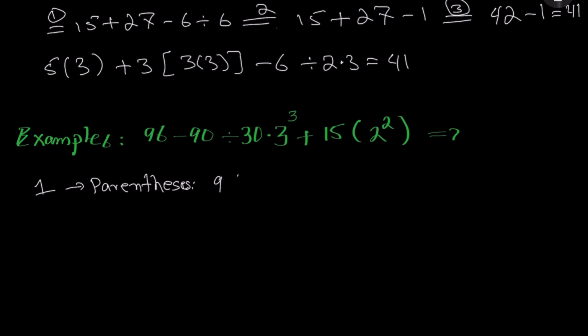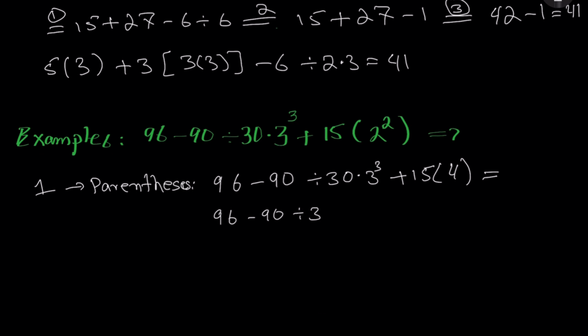So the equation will be 96 minus 90 divided by 30 times 3 to the power 3 plus 15 times 2 to the power 2. Sorry, not the cube root, 3 to the power 3. And 2 to the power 2 will be 4, and 15 times 4 will be 60.